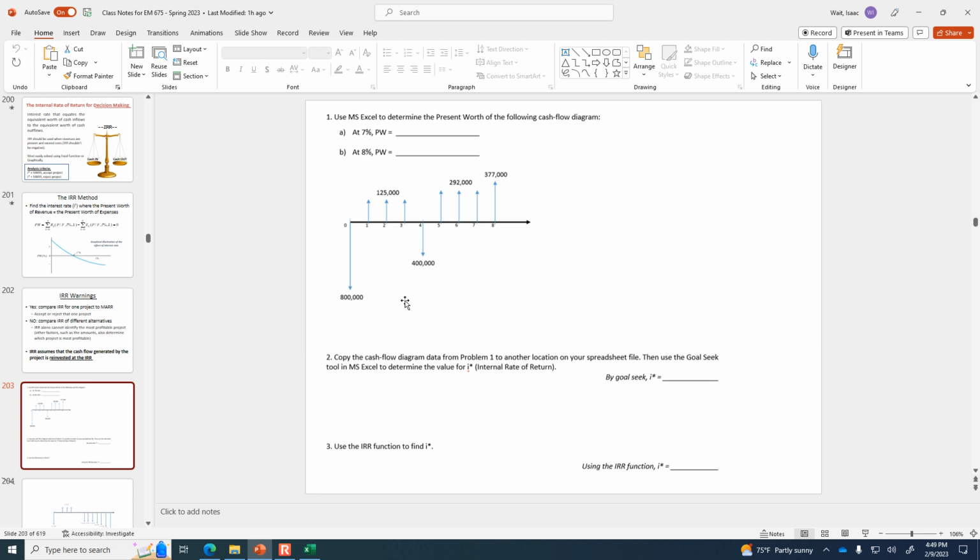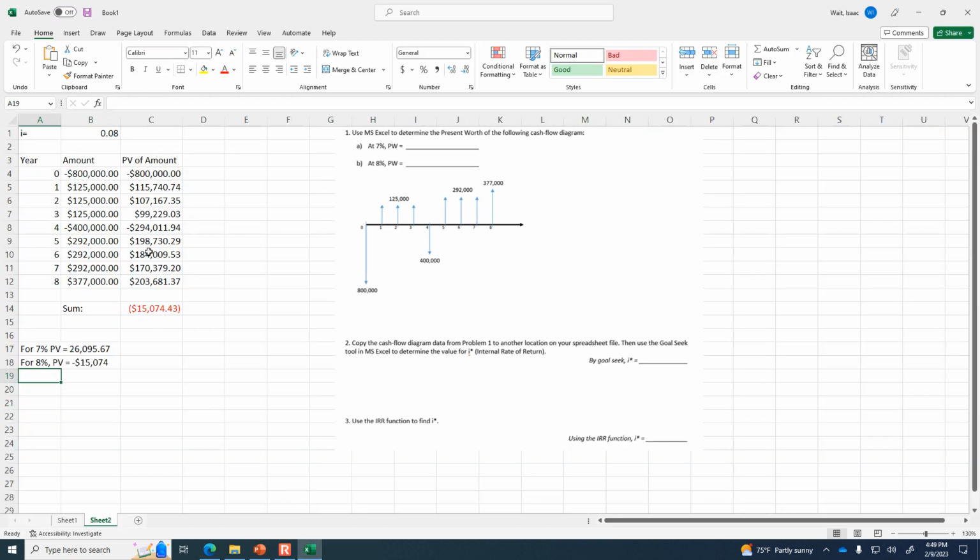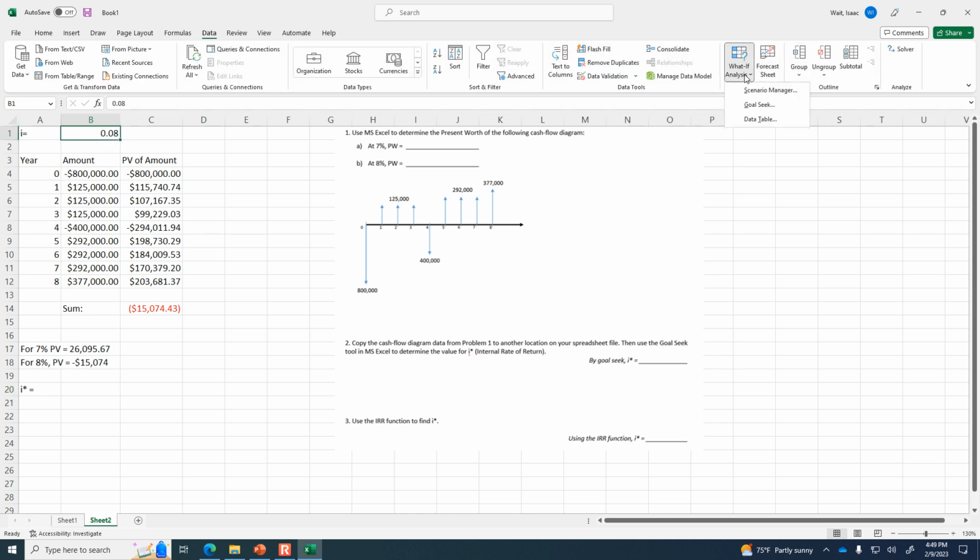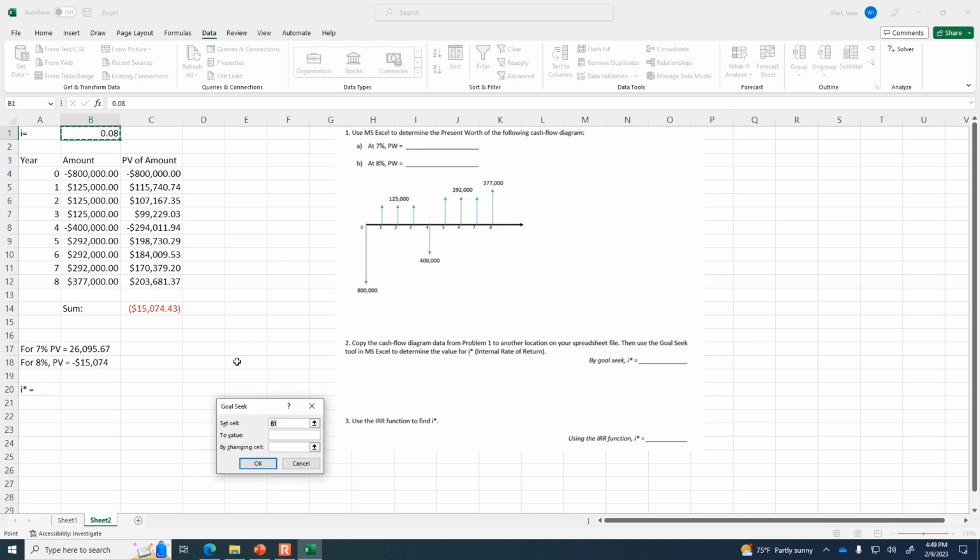It says to use goal seek to find the internal rate of return that takes it to 0. So we want this to be 0 by changing the interest rate. So now I'm going to use goal seek here. Data, what if analysis, goal seek, and our goal is for the sum to be 0 by changing the interest rate.